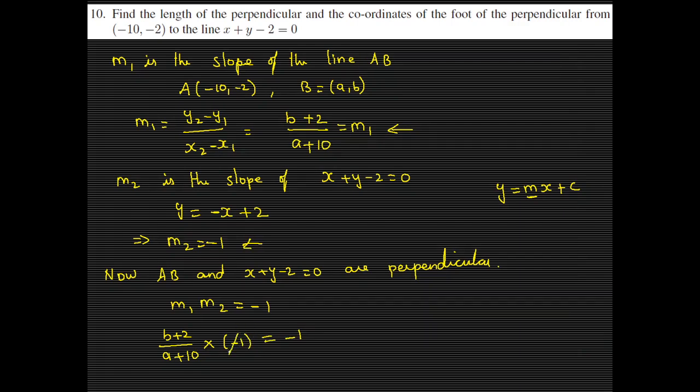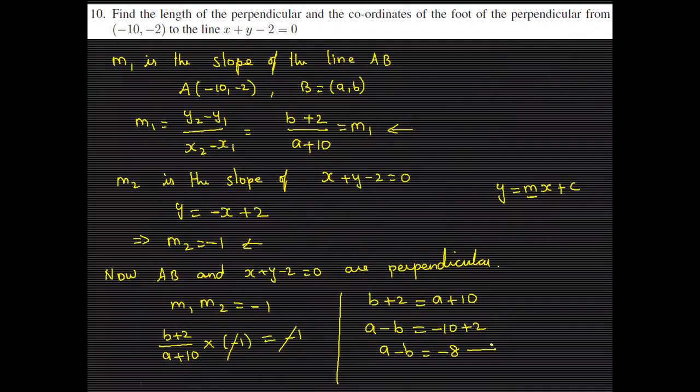Now we can cancel this minus and this minus. When you cross multiply, you get b + 2 = a + 10. Simplifying, a - b = -10 + 2, so a - b = -8.